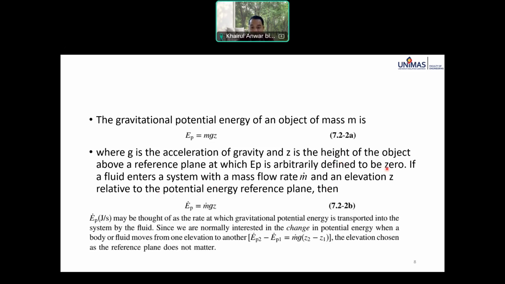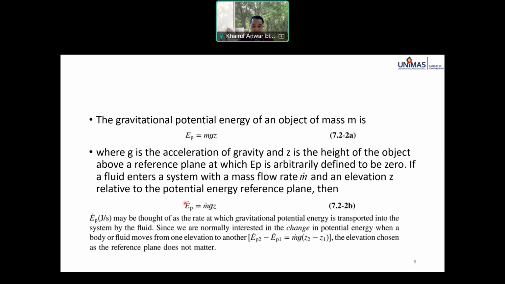Sometimes when you choose, the Z is negative. It's normal because it depends on where the reference plane is. Above a reference plane at which EP is arbitrarily defined to be zero, if a fluid enters a system with a mass M and an elevation Z relative to the potential energy reference plane, then EP equals mgz.